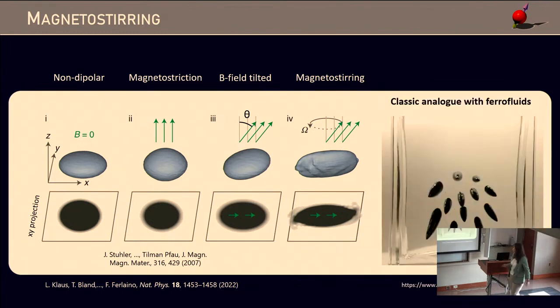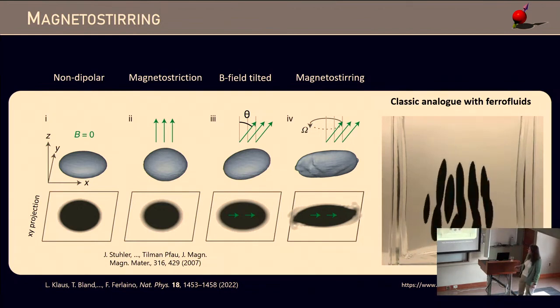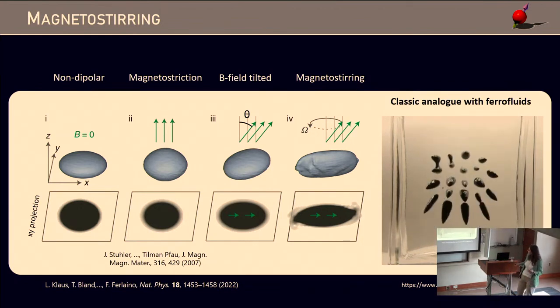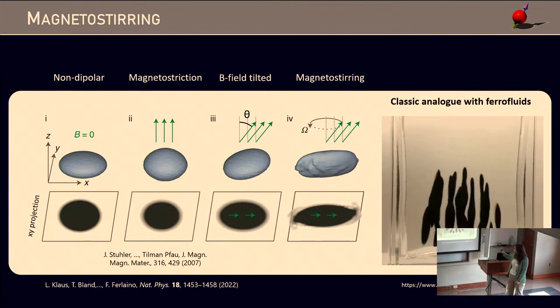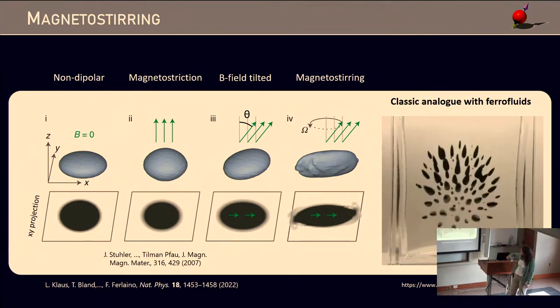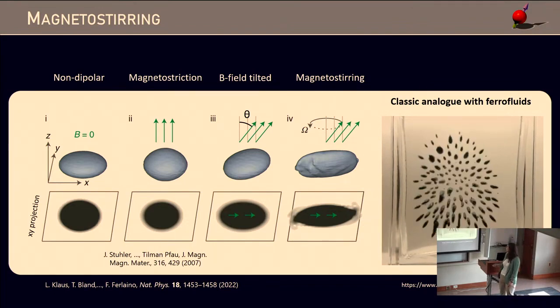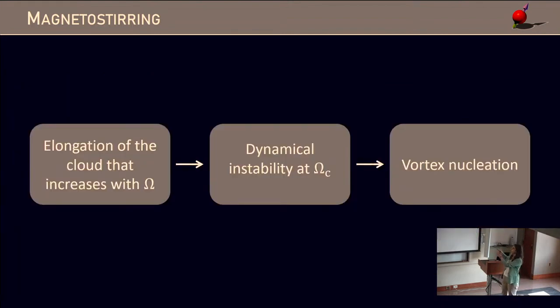If you want a classical analog, this is also what happens if you have a ferrofluid and you rotate it using a magnet: you will see that the droplets align in the direction of the magnetic field, and if you rotate the magnetic field, they will just follow it. So we expect that this method would impart angular momentum to the system.